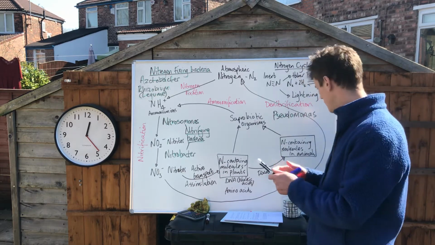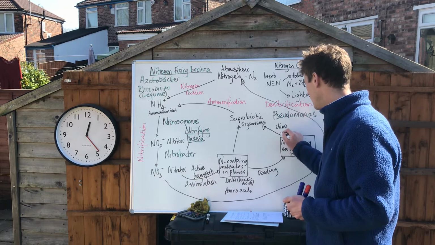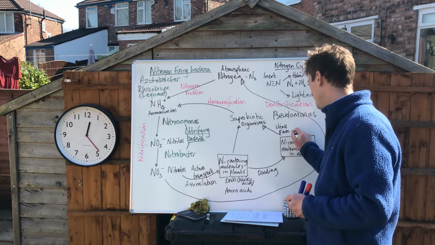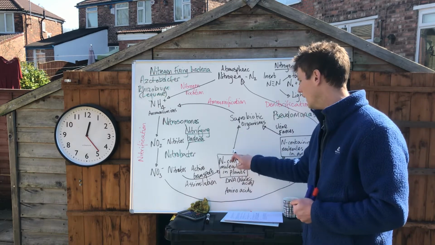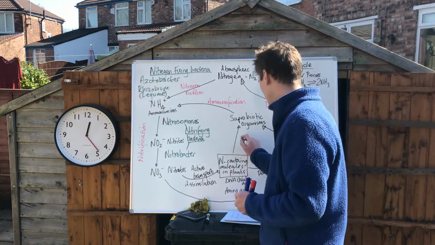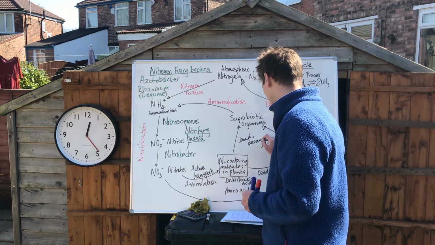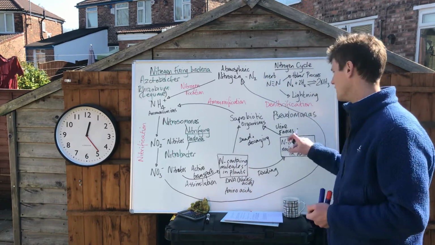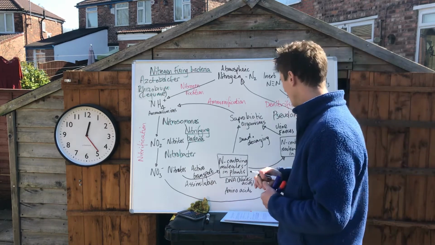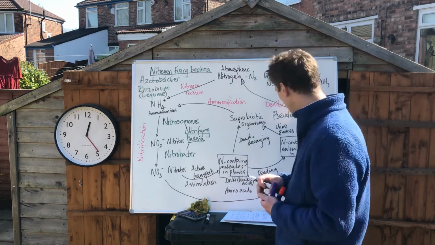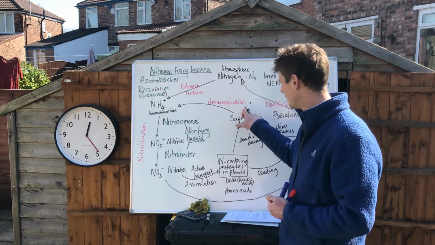Waste products from animals, such as urine or feces, and the dead and decaying plants and animals, become available to saprobiotic organisms, which include fungi and bacteria, and they do a process of ammonification.